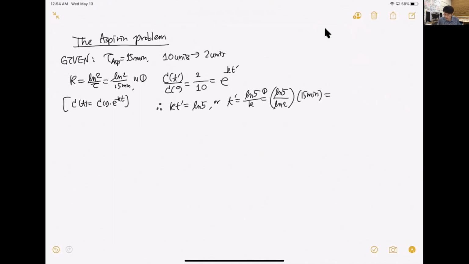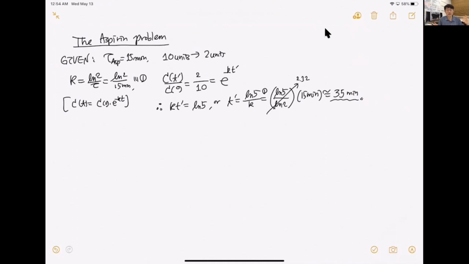You can calculate this: ln5 over ln2 is about 2.32, so that will be about 35 minutes. So the time for the concentration to go from 10 to 2 units, which is 5 times lower, takes about 35 minutes.